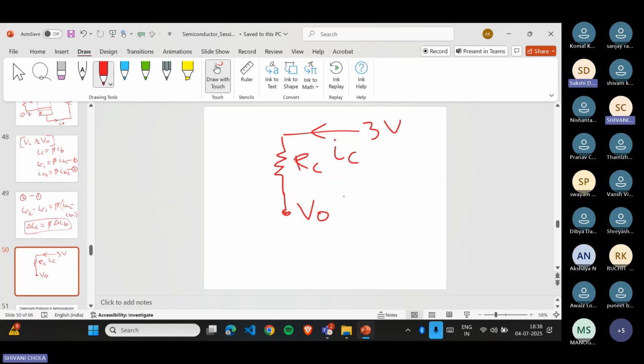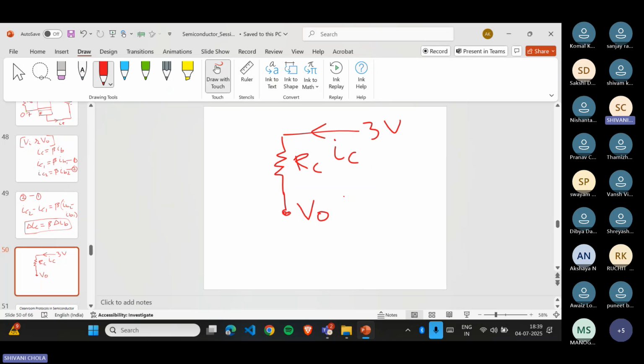V naught is equal to 3 volt minus IC into RC. See, it will not be like 3 minus IC RC, right? Yes, you are correct.